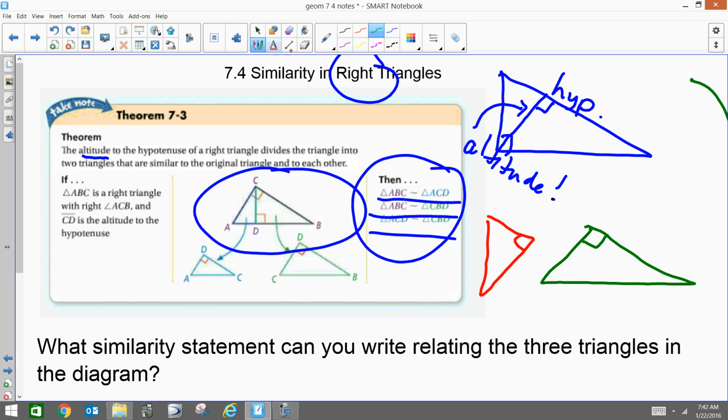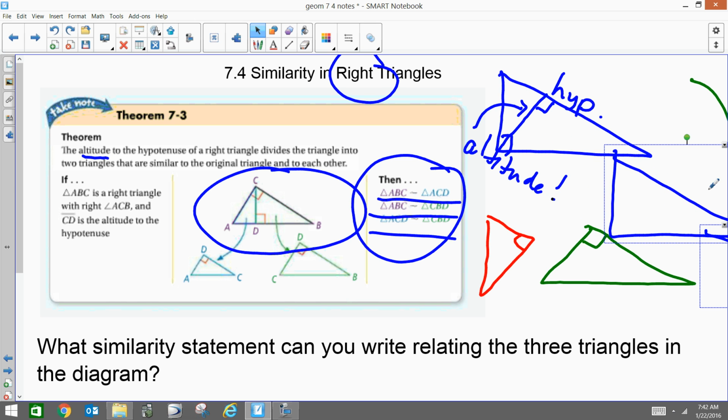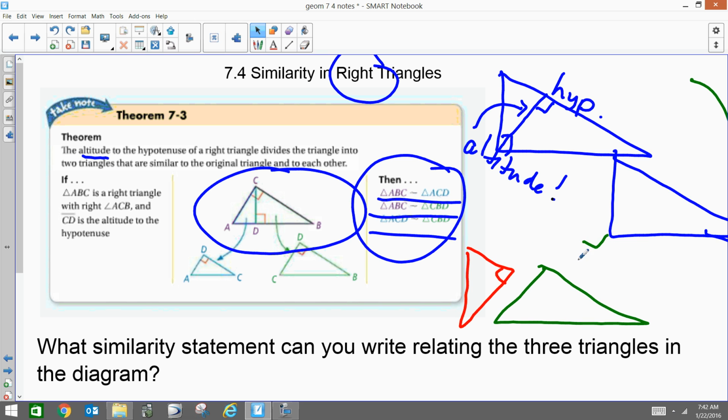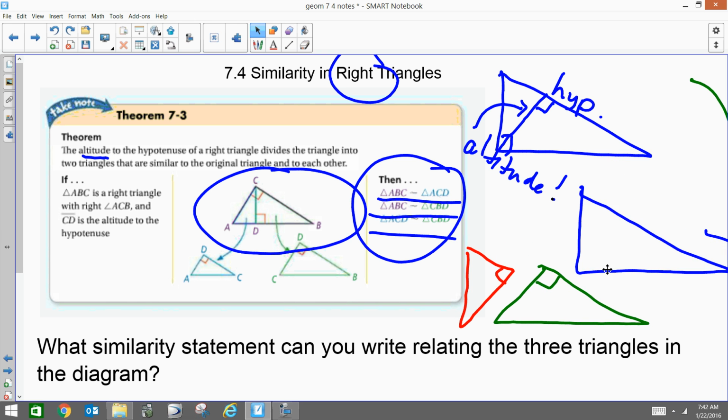And then we have the original big blue triangle that's right. You know enough about right triangles that, scoot them over so you can see them all here, we could write a similarity statement.